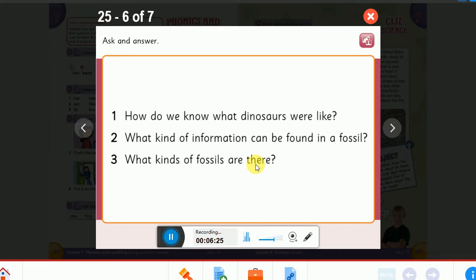Also, fossils give us information about the weather of the past. For example, let me ask you this question: what if paleontologists found fossils of fish under the desert? What do they conclude? What do they understand by finding fossils of fish under the desert sand?